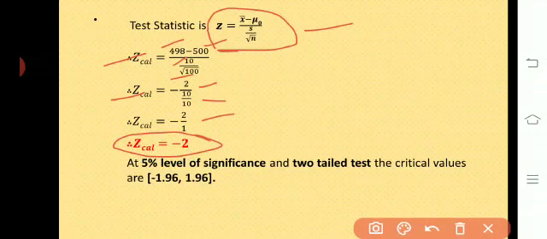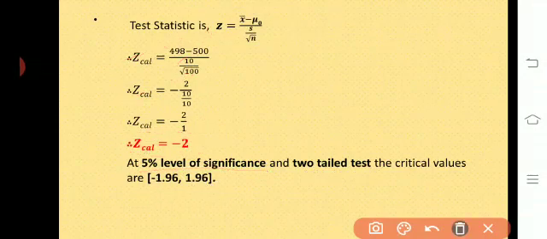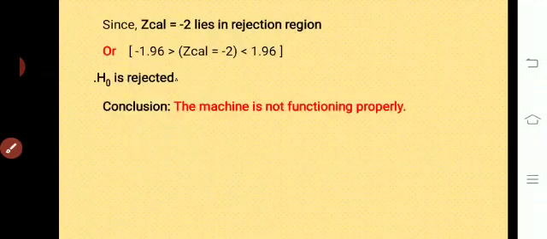Then alpha is given 5%. So at 5% level of significance and a two-tailed test, the critical values are minus 1.96 and plus 1.96. Then come to the test procedure.